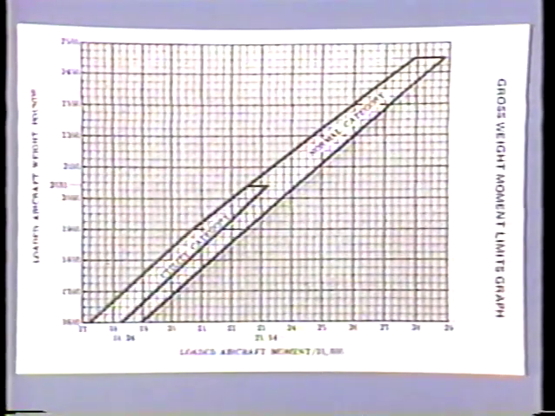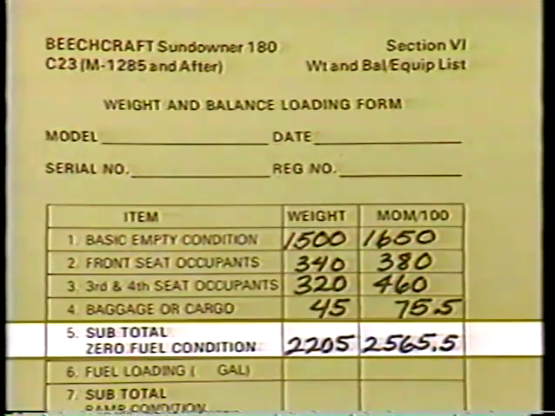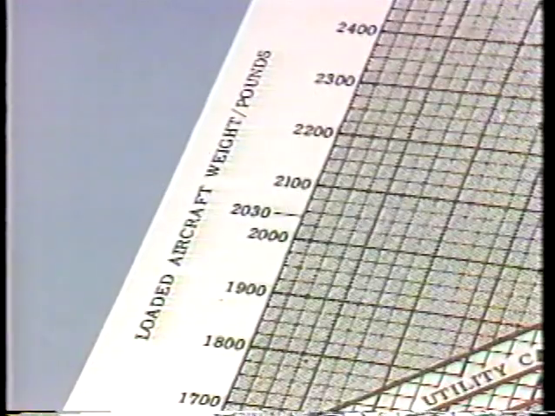Let's draw each of these load conditions on the graph, starting with the zero fuel condition. From our worksheet, we know that the zero fuel condition weight is 2,205 pounds, and its moment is 2,565.5. The gross weight moment limits graph has the moment values located along the horizontal axis, and the loaded airplane weight shown along the vertical axis.